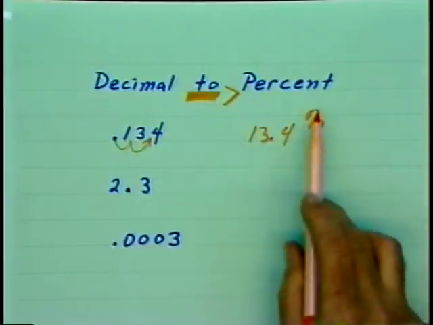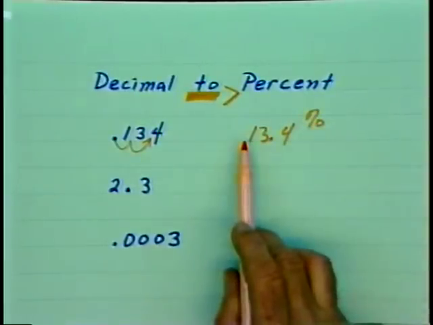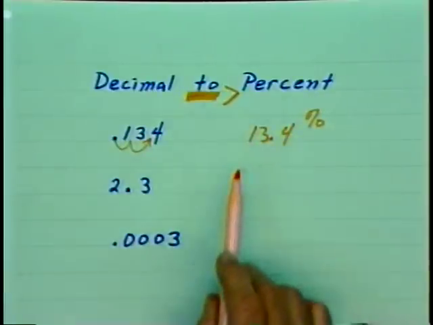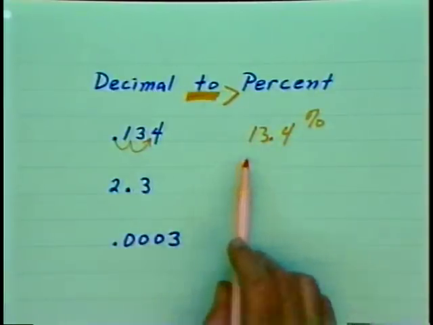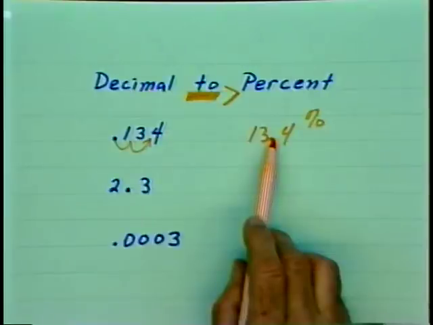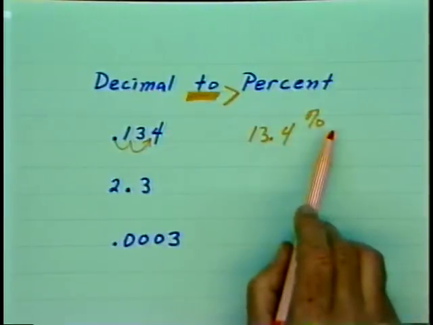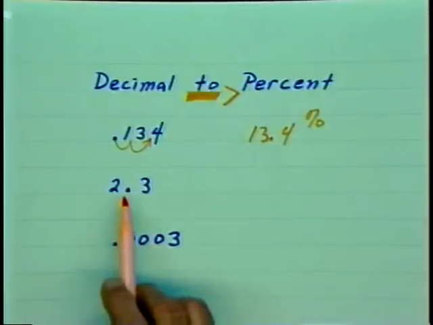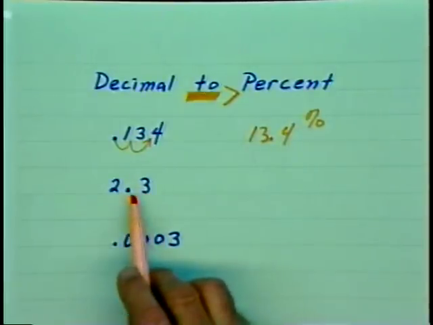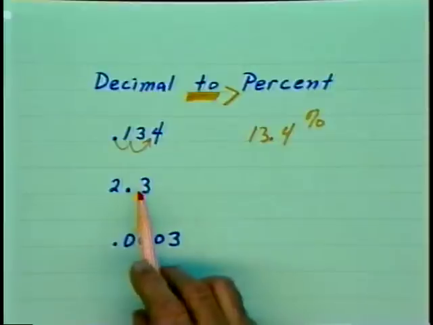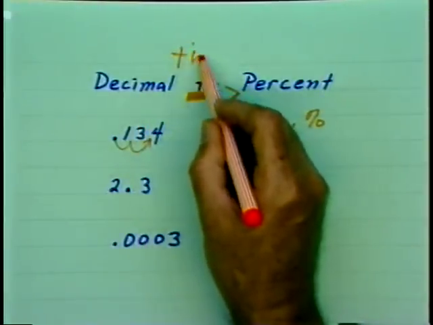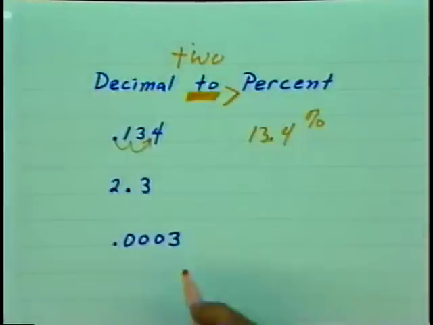Now remember, percent means hundredths, so we're saying roughly 13 hundredths, and roughly we do have 13 hundredths here, don't we? So always check back into the ballpark, as we've been calling it, to see if this seems reasonable with what we know about what percent means. That is, percent means per hundred. Okay, so if you have only 1 decimal place, or even less, the key still is you move 2 places towards the percent.